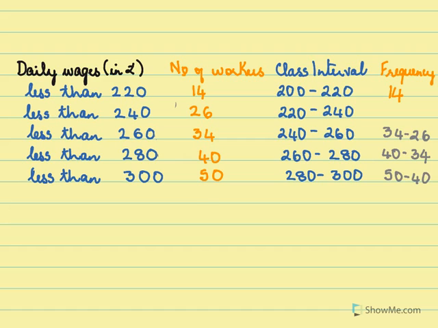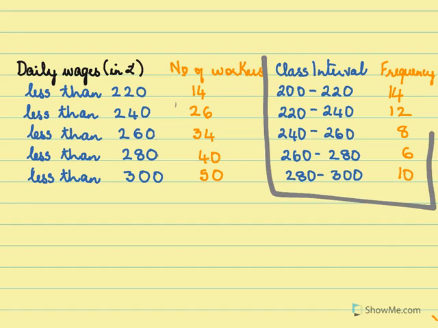Now for the subtraction, 26 minus 14 is 12. Next we go 34 minus 26, and that would be 8. Next is 40 minus 34, 6. And last, 50 minus 40 is 10.